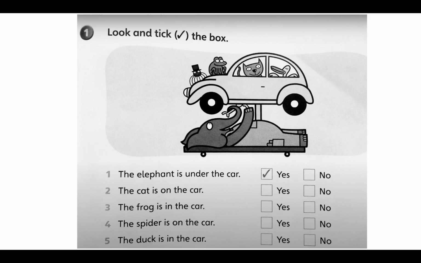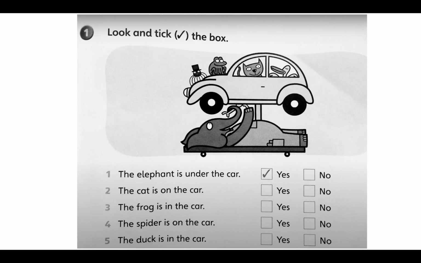So, kita kena baca setiap ayat dan tandakan right di dalam kotak sekiranya ayat itu betul berdasarkan gambar. Dan jika ayat itu salah, kita kena tandakan pangkah di dalam kotak no. No maksudnya tidak, yes maksudnya ya.